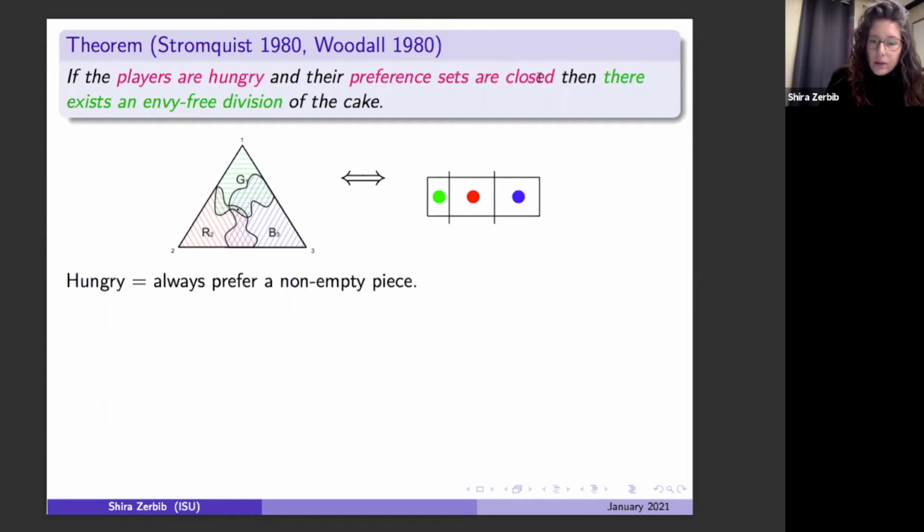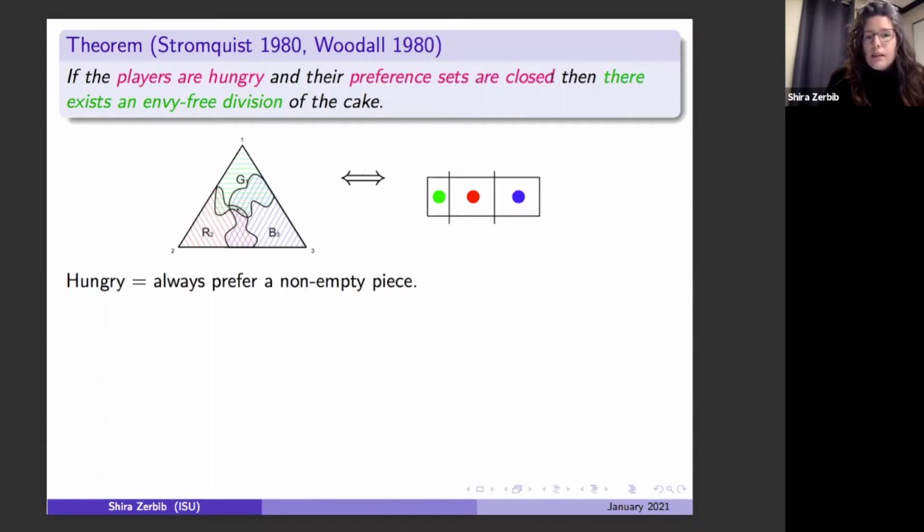What we are going to see soon is that these 2 conditions are exactly the conditions of the colorful KKM theorem. So what was actually discovered lately is that the Stromquist-Woodall classic cake division theorem is actually the colorful KKM theorem in disguise.